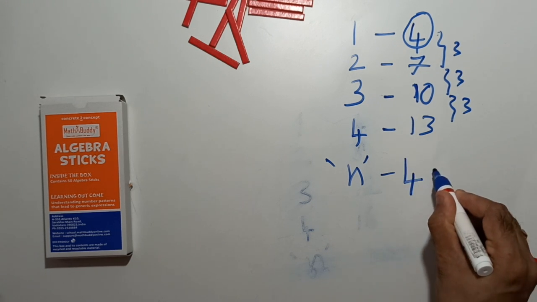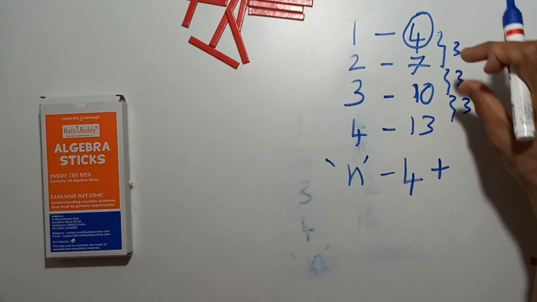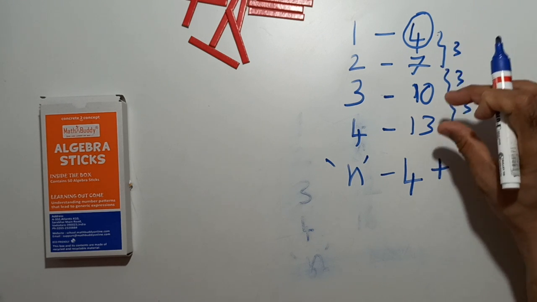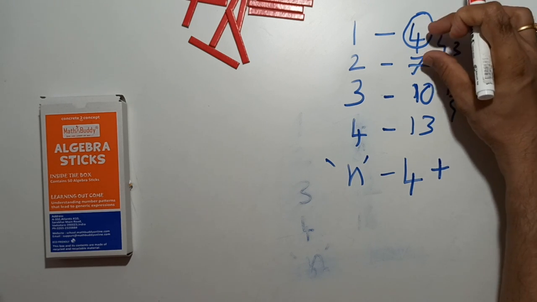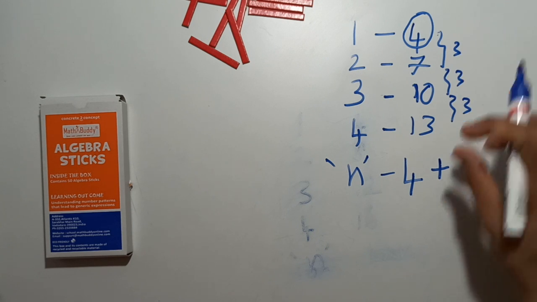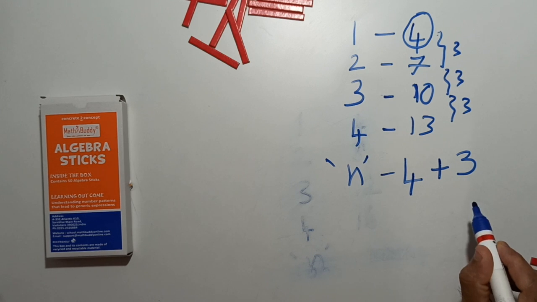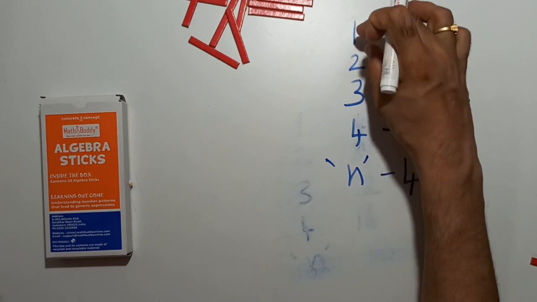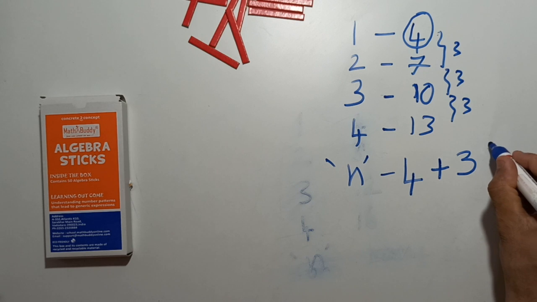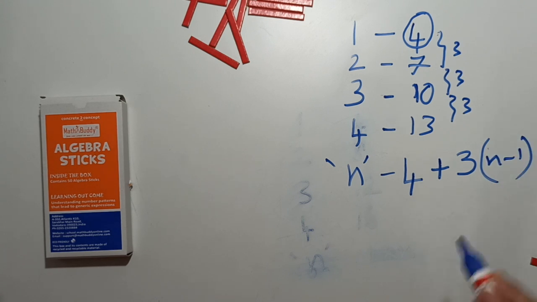So you need to add 4 plus, for every square that you are adding, 3 sticks. So if I say 4 plus 3 times, and for the second square I needed only one of the 3s, so I put n minus 1.